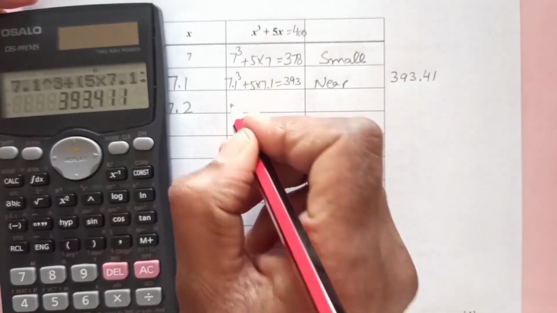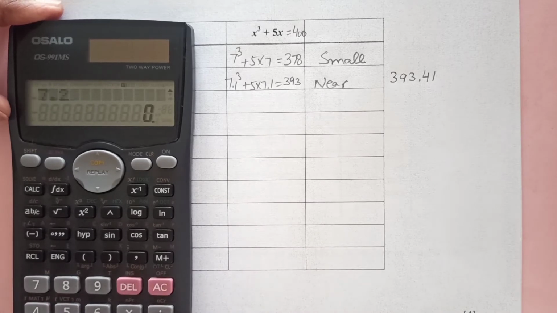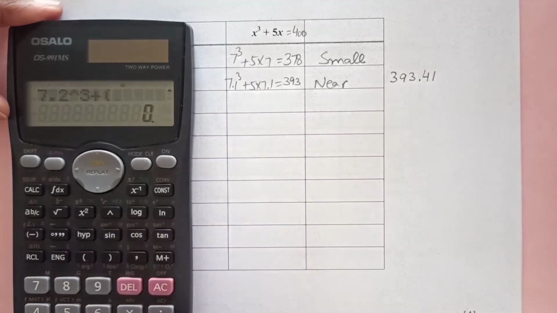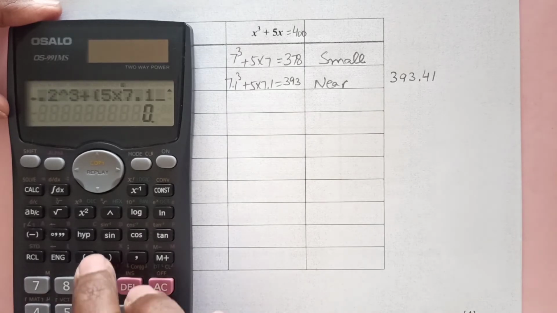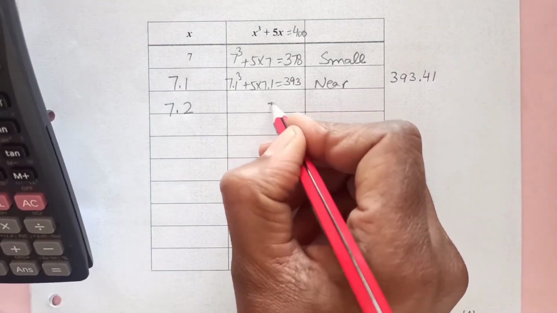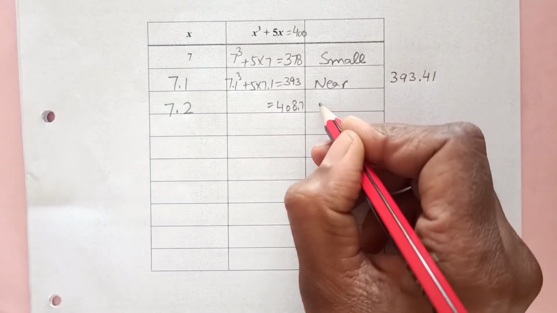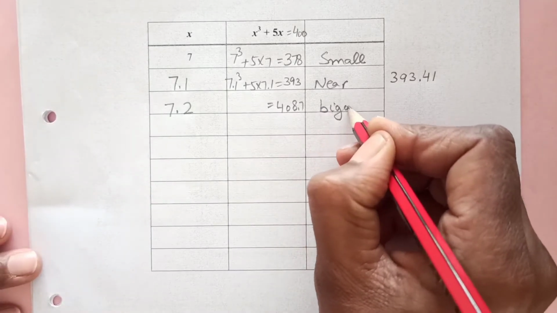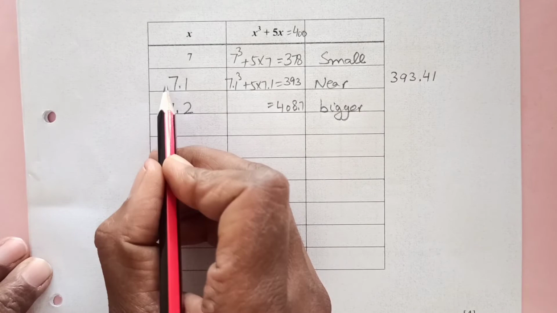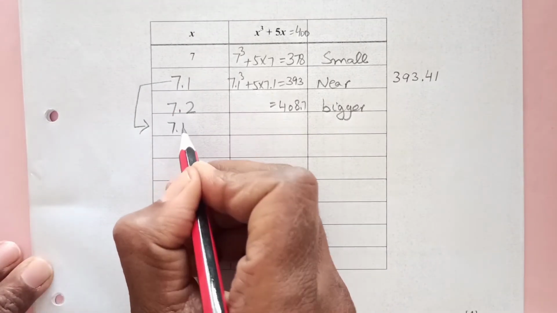So 7.2 cubed, 7.2 power 3 plus 5 times 7.2. So this is 408.7. So this is bigger, which means we should proceed from here. Let's say it is 7.11.